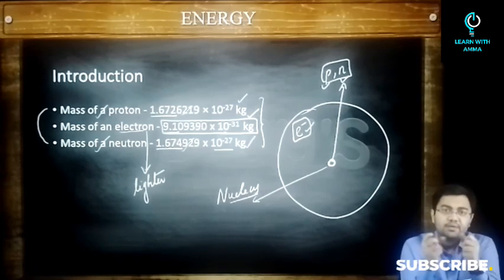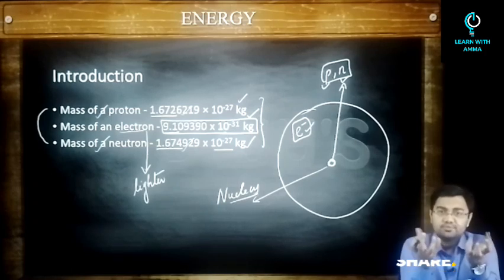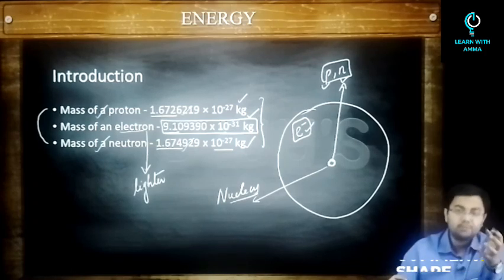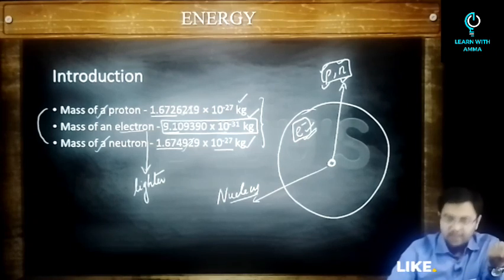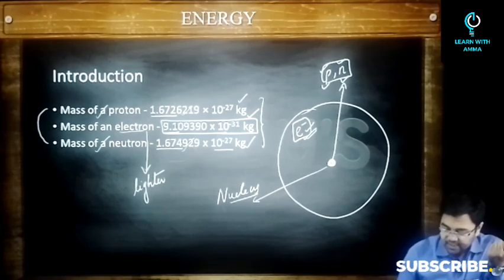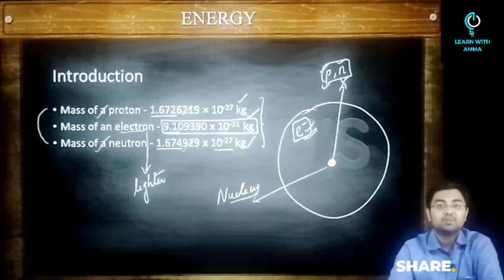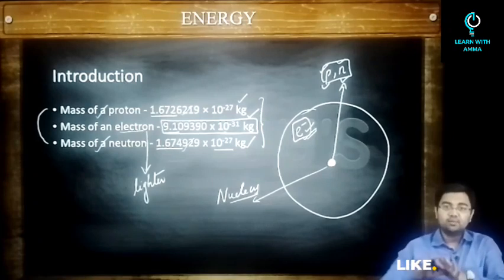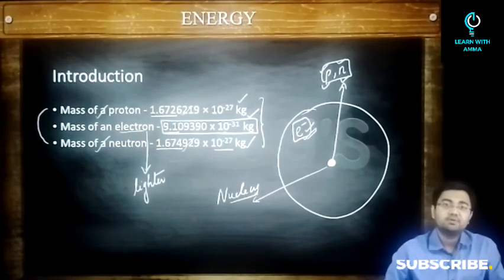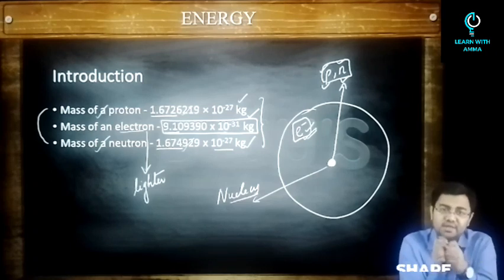Now, if we look at the mass of the entire atom, it is made of 3 constituents: electrons, protons and neutrons. Protons and neutrons are completely contained in the compartment that is the nucleus. So you can say that most of the weight of the entire atom is contained in a very small compartment, which is called the nucleus.